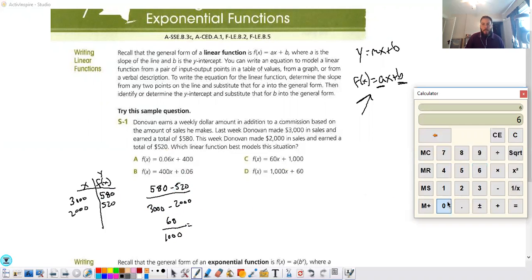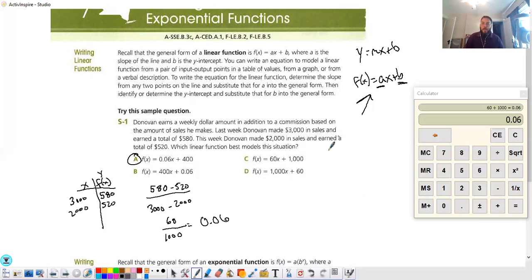And then if we do 60 divided by 1,000, we get that our slope is equal to 0.06. So if we're looking at these problems here, right away we know that we're going to be choosing choice A because that has our slope of 0.06.